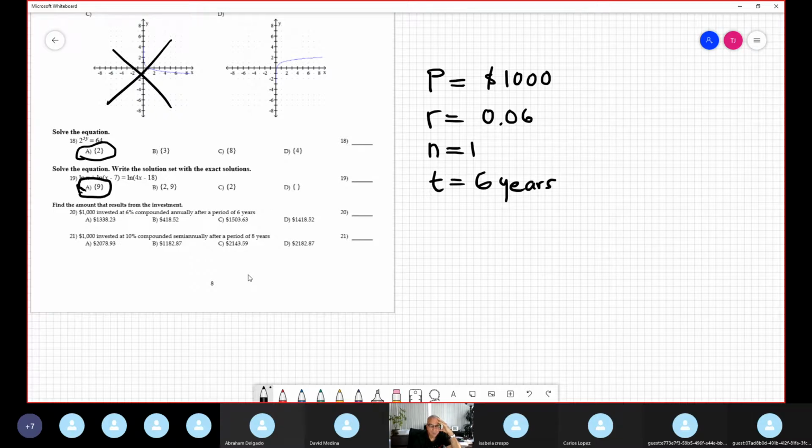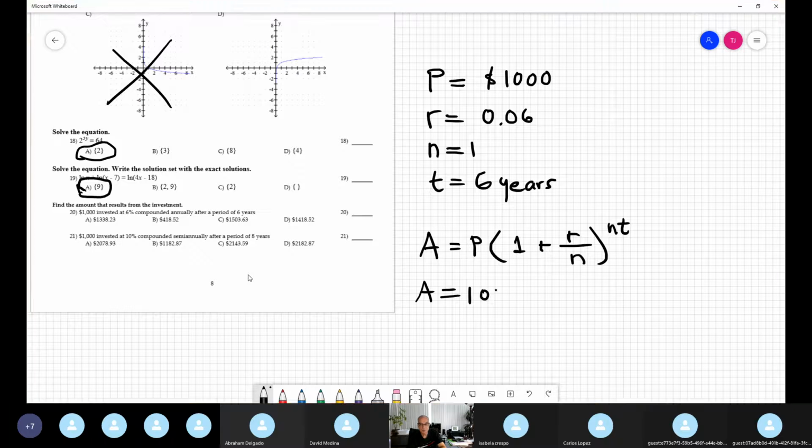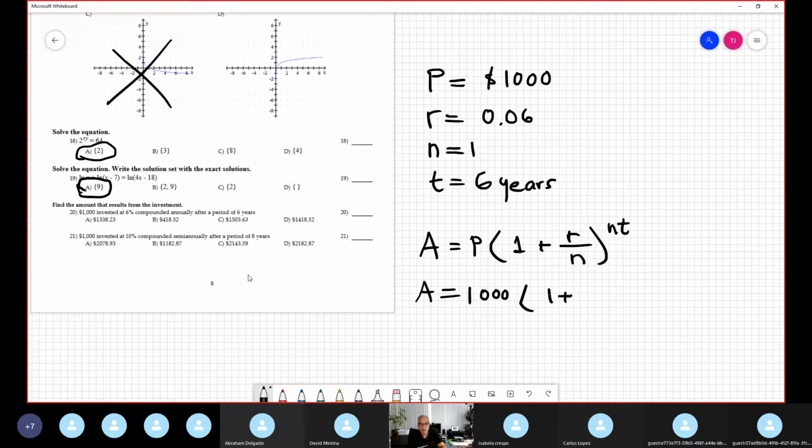Future value is equal to present value times 1 plus r divided by n, raised to the power nt. In our specific example, this is 1,000 times 1 plus 0.06 divided by 1, and the exponent is the multiplication nt, but n is 1, so it is 6.